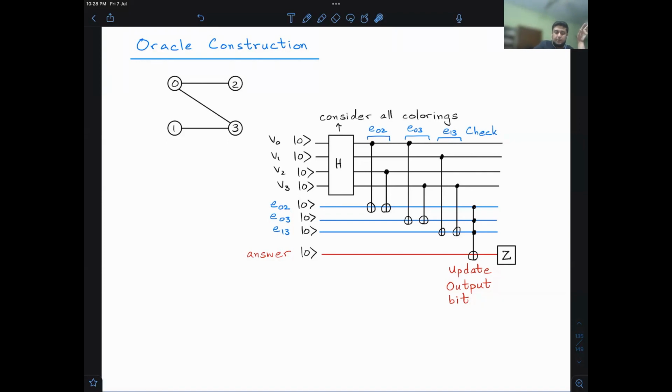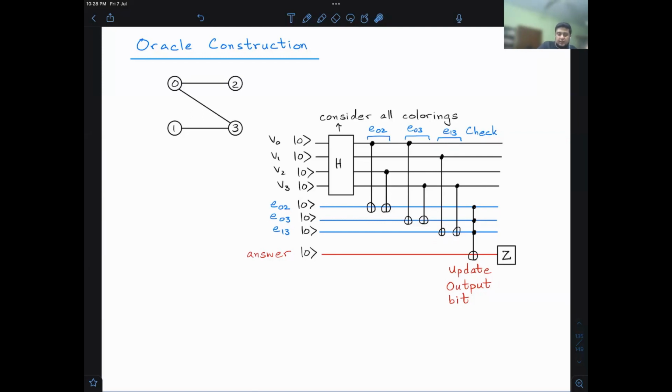Right, so a quick recap. It's not that I'm considering one coloring. I'm considering, with the application of this Hadamard, all possible colorings. Within those there will also be the colorings that are valid, if they exist. For those colorings, these three edge checks will make these three qubits 1. In that case, this multi-controlled gate will cause the answer qubit to become 1.